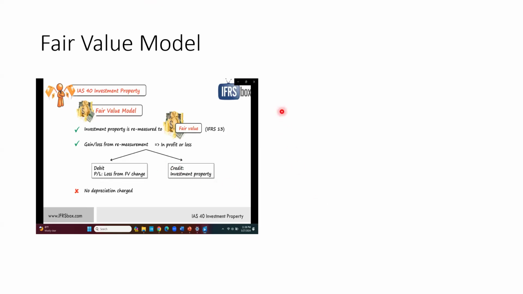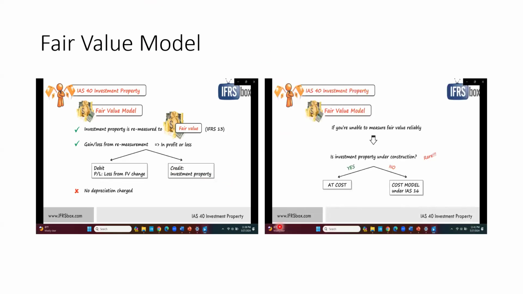Now, we are also saying that if you are using the fair value model and you are unable to measure the fair value reliably, and if the investment is under construction, then you have to measure it at cost.